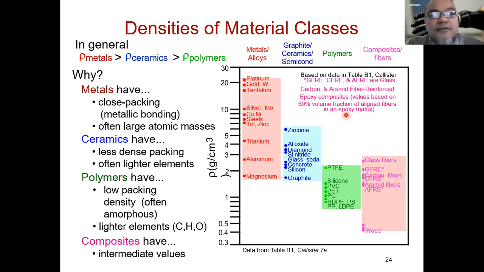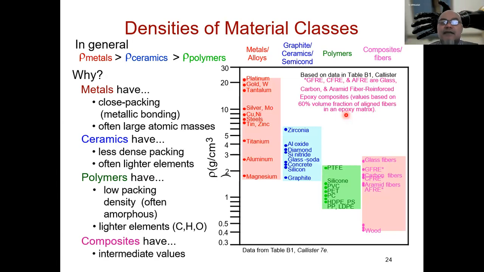Why is metal more dense compared to ceramics? Because metal usually has close packing due to its metallic bonding. And often the element itself has large atomic masses. Ceramics, on the other hand, has less dense packing because it consists of lighter elements like silicon, oxygen, those things. While metals are heavier elements, tin, zinc, titanium, aluminum, gold, iron, etc. Polymers have the lowest packing density because it is usually not in the crystalline state, but rather semi-crystalline or even amorphous.